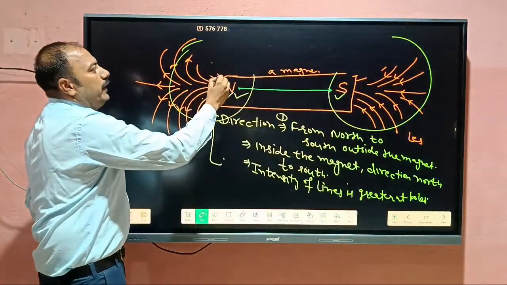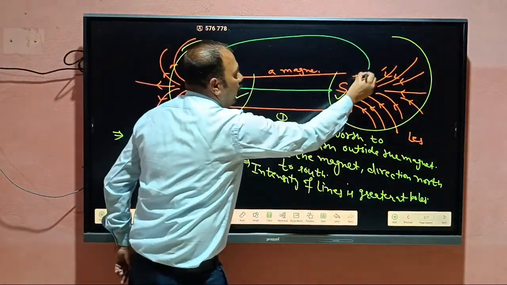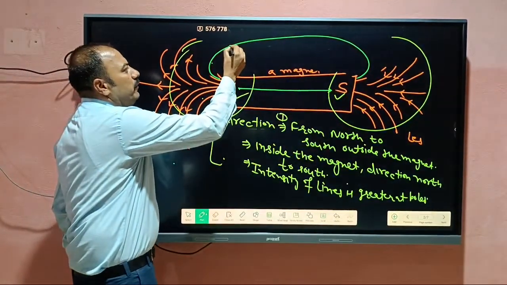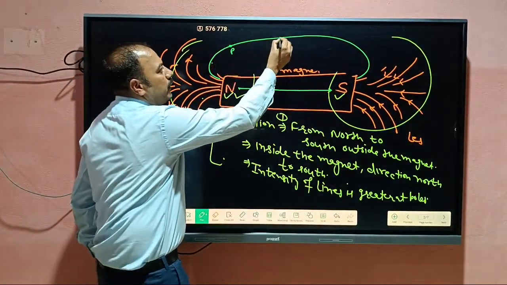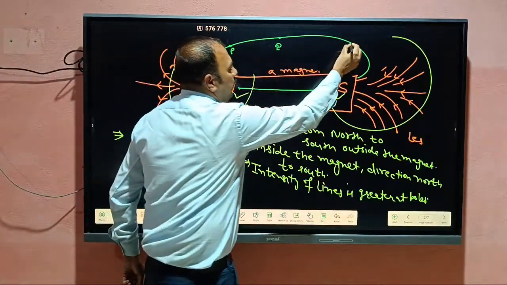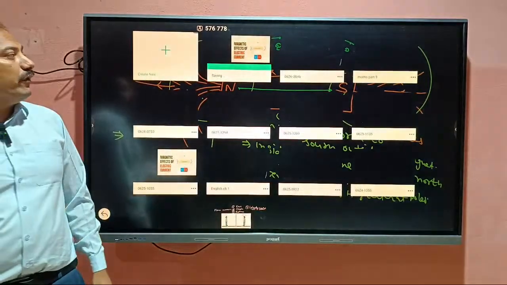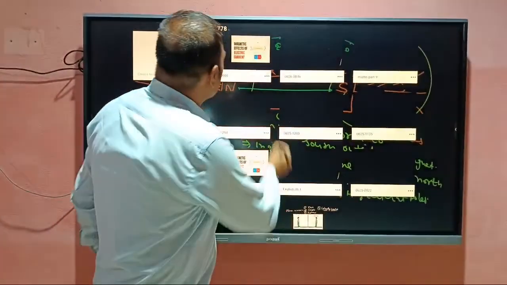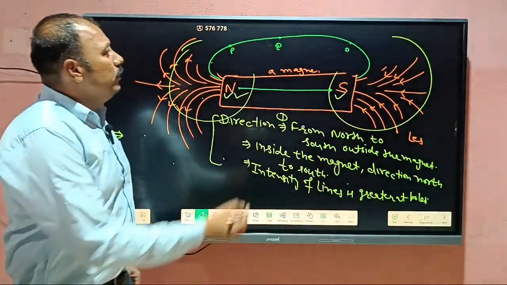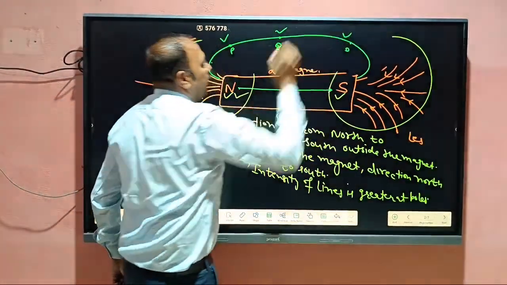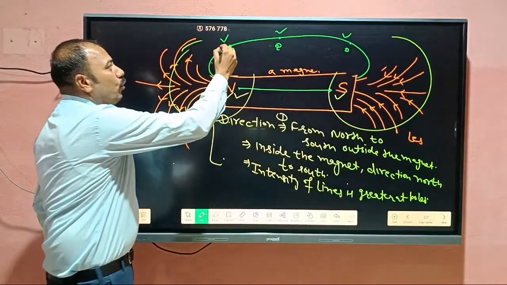For example, we take another line and take three points: this is point P, this is point Q, and this is point D. We have to find the direction of the magnetic field here. Taking a point, draw a tangent.